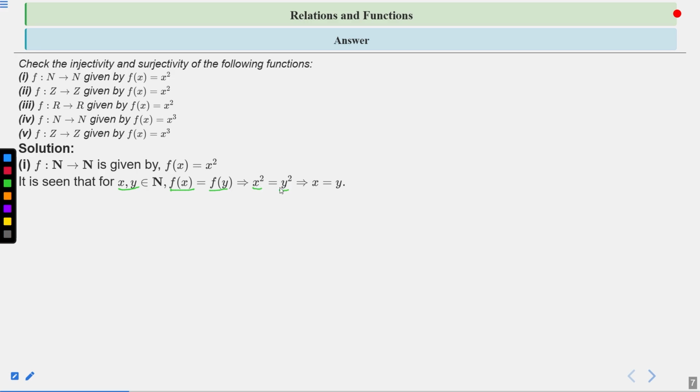From this you will get x = plus or minus y, but as we are taking x and y both from the set of naturals, you will get the condition x = y. So it is injective. Clear?